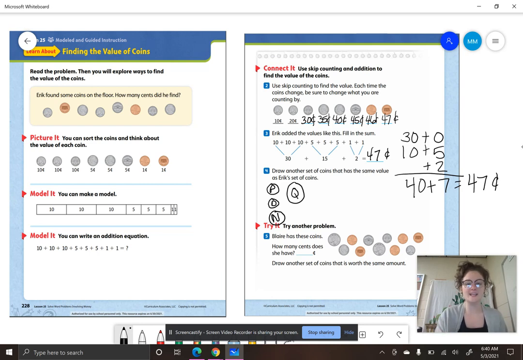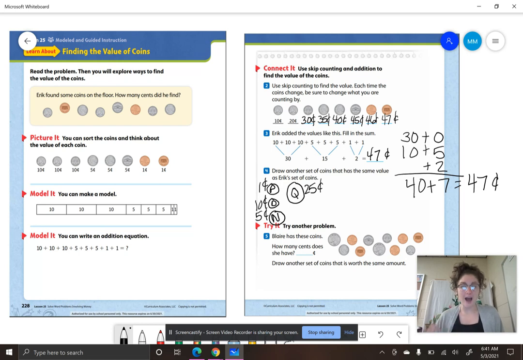Remember, a penny is worth 1 cent. A dime is worth 10 cents. A nickel is worth 5 cents. And a quarter is worth 25 cents. I want you to go ahead, pause the video, and use your knowledge about the value of these coins to make a set of coins that has a value of 47 cents. Go ahead and pause the video and show me your work.